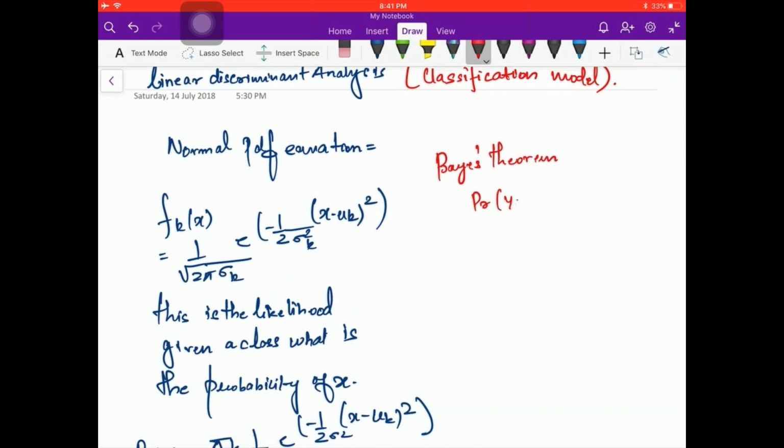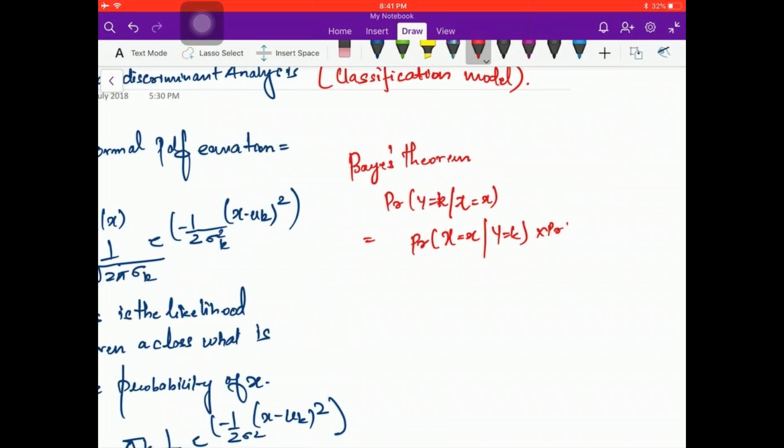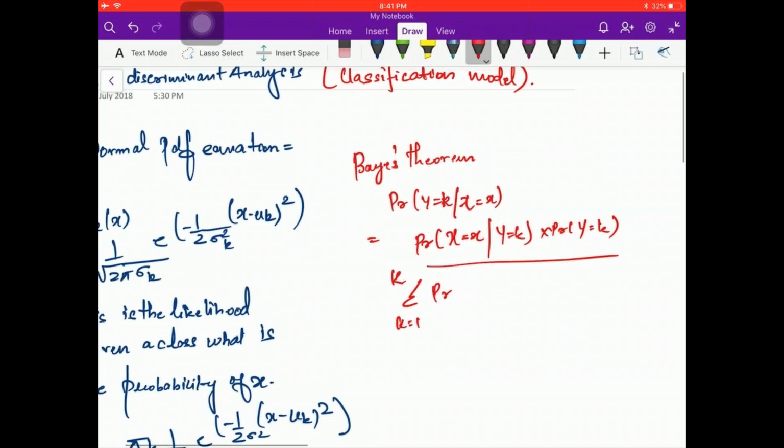Where we said probability of y equal to any class given x equal to the features equals probability of x equal to the features given y equal to k, into probability of y equal to k, divided by the sum over k equal to 1 to capital K, whichever are the number of classes, of the same product. This is the simple Bayes theorem formula.